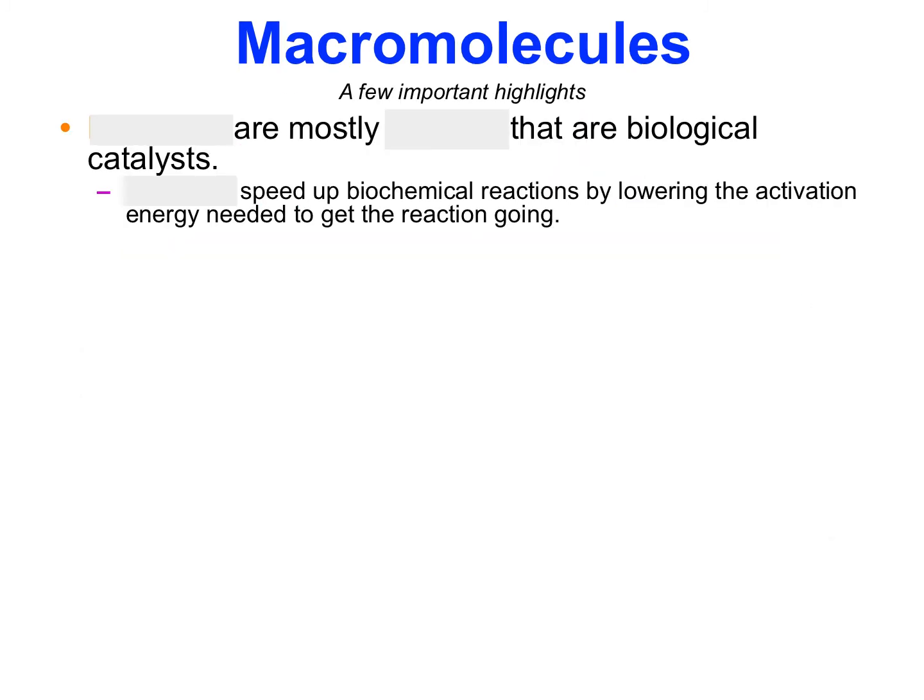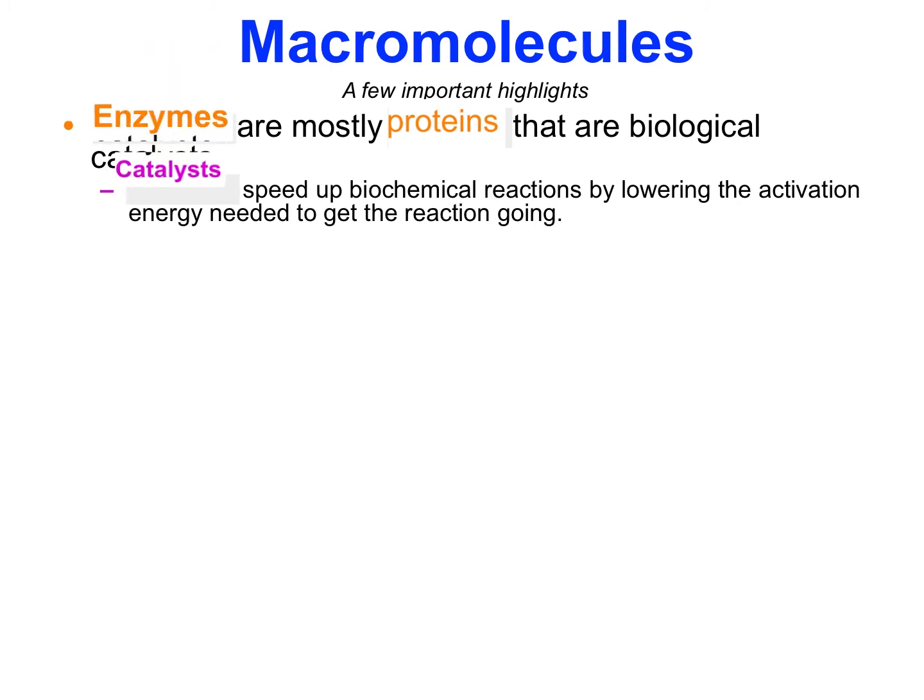As we said, proteins provide so many functions in your body that we need to specifically talk about one in particular, and that is enzymes. Enzymes are mostly, as we said, proteins that act as biological catalysts. These catalysts speed up chemical reactions by lowering the activation energy needed to get their reaction going.